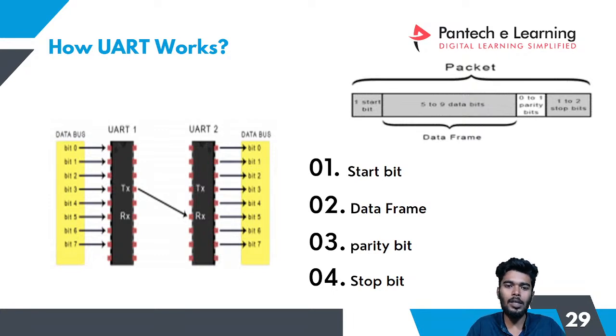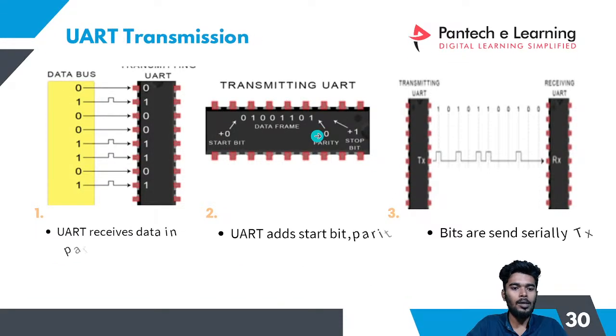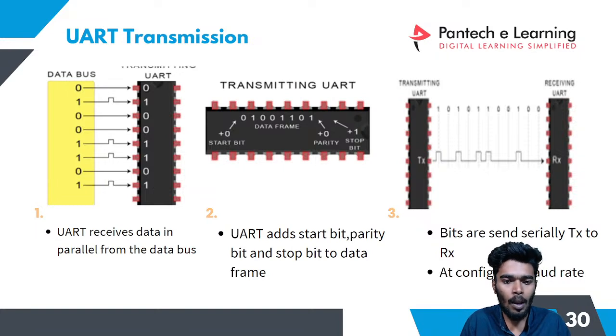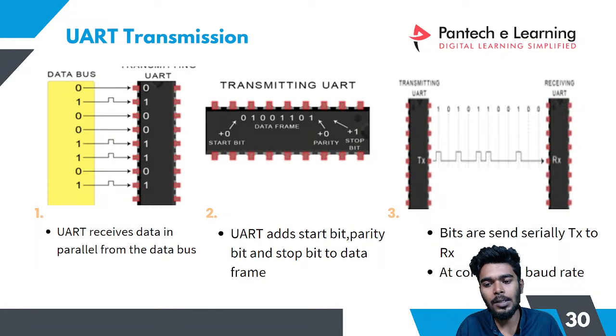Next, let's see how UART transmits data. First, the data bus transfers the data in parallel form to the UART. Then UART adds a start bit, parity bit, and stop bit and converts the parallel data to serial data. It sends the data in a serial way from TX to RX. TX means transmitter and RX means receiver.